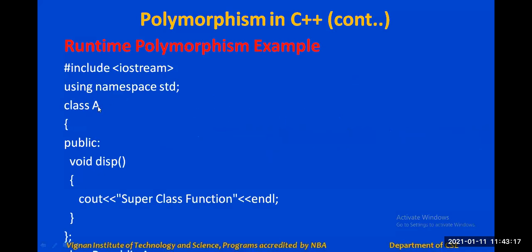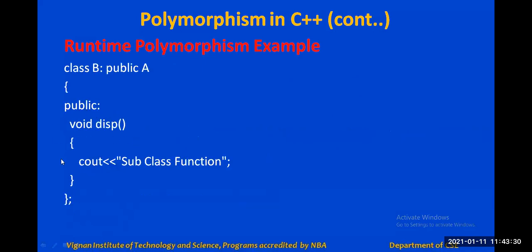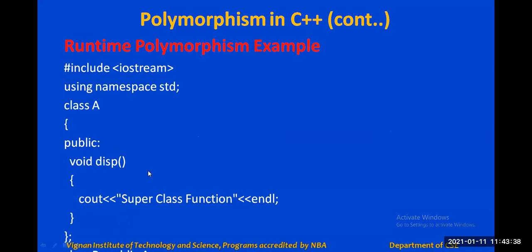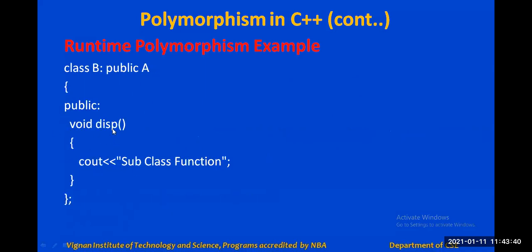So you can see this is one code. We have the function void display here. One definition is in class A, which is a base class or parent class, and another definition is in class B, which is a child class, right? The same function but two definitions. Here we have the void display function, and here is also a void display function.